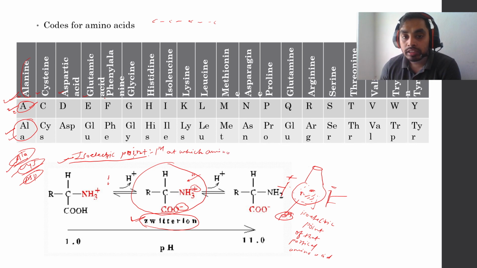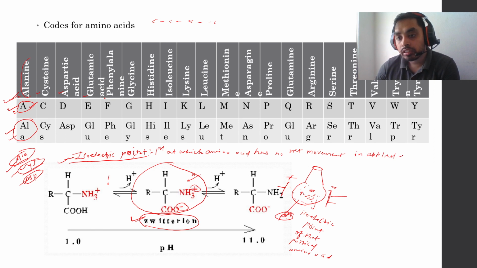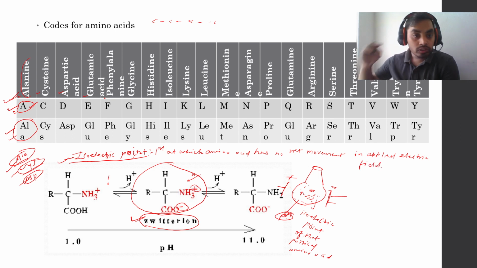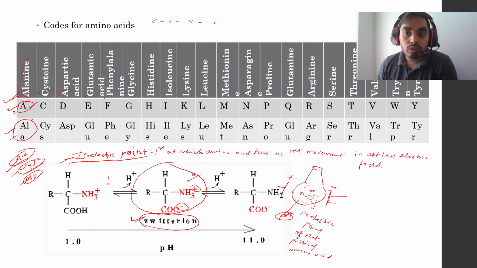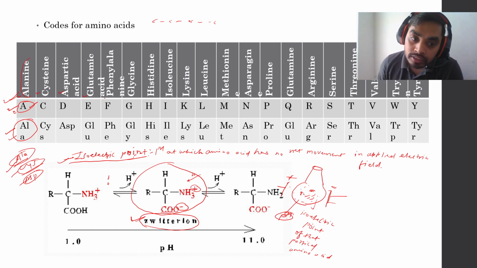So if I define isoelectric point, it is the pH at which the amino acid has no net movement in an applied electric field. And why does this happen?